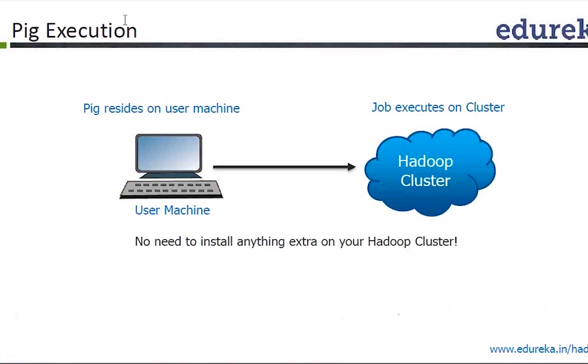So when it comes to understanding how Pig works, in terms of the installation, as you can see on this slide, you can have Pig installed on your Hadoop cluster. In this particular virtual machine which you have, guys, it has Pig on its own, so you can use that.